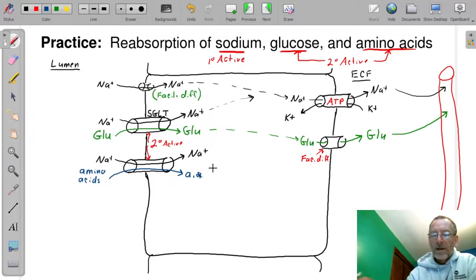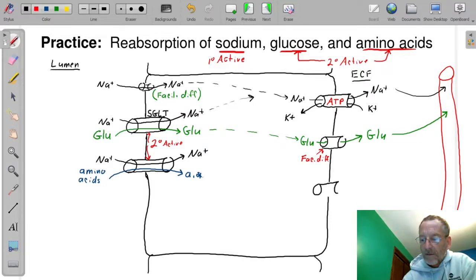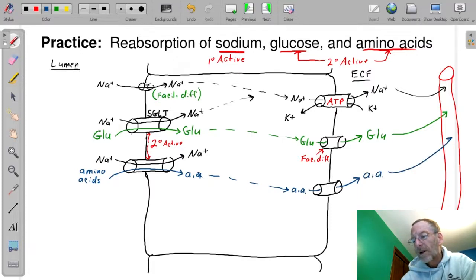Those amino acids leave through the same old pattern of facilitated diffusion, and they also enter the blood.